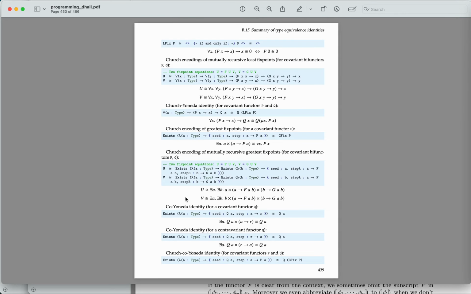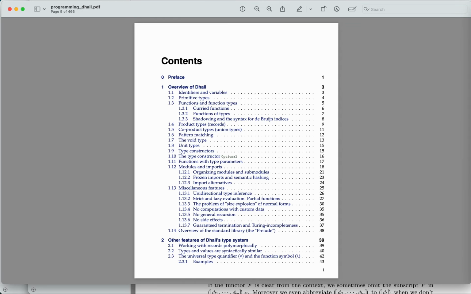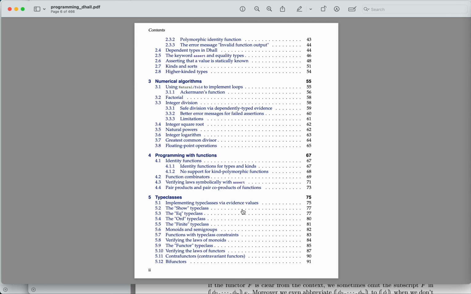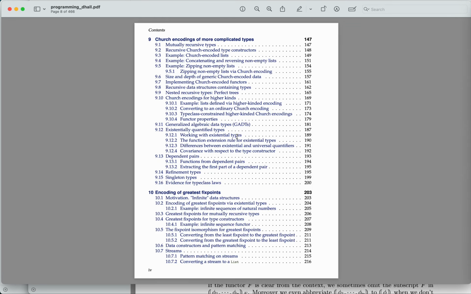It certainly has been a very interesting exercise for me to go through all these implementations and to understand how to encode different constructions of advanced functional programming using System F omega.